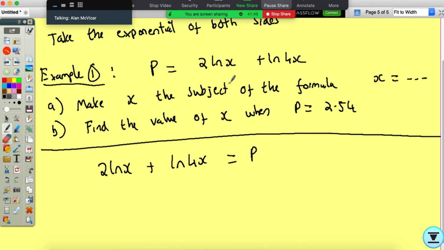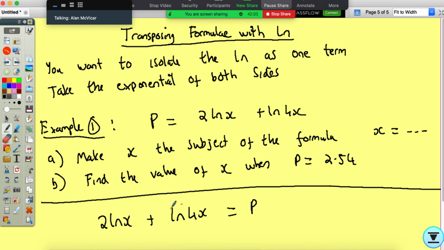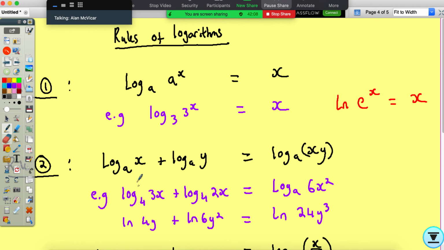Now, let's look at the rules. This is my rule here. If I've got two log terms with the same base, and they do, ln means log to the base e, so these are both log to the base e, I can multiply them.